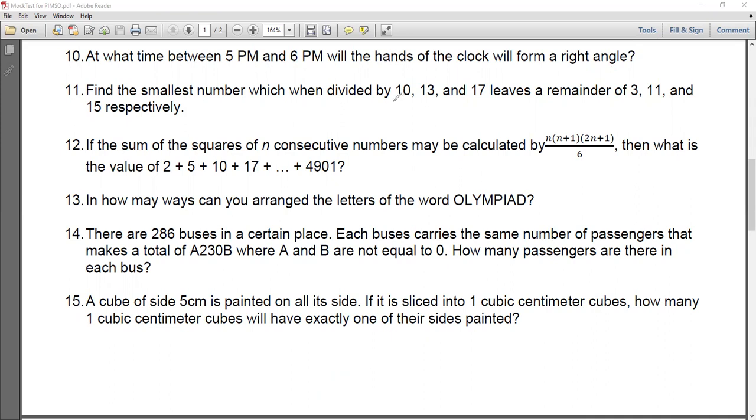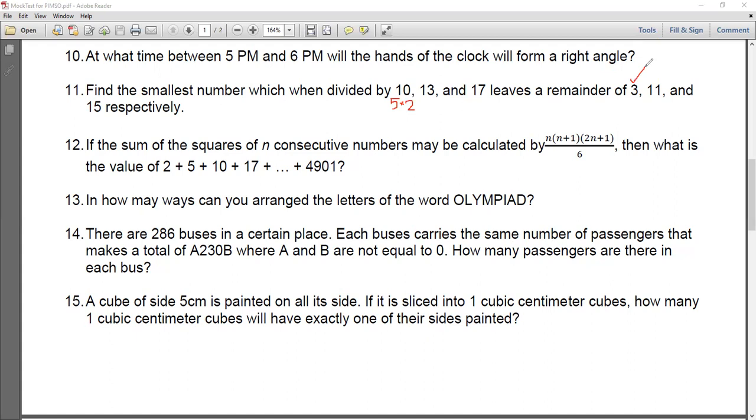So how to do number 11? In this case, we need to identify a prime number here. 10 is actually 5 times 2, correct? And dividing a number by 10 and dividing a number by 5 will get the same remainder, which is 3.